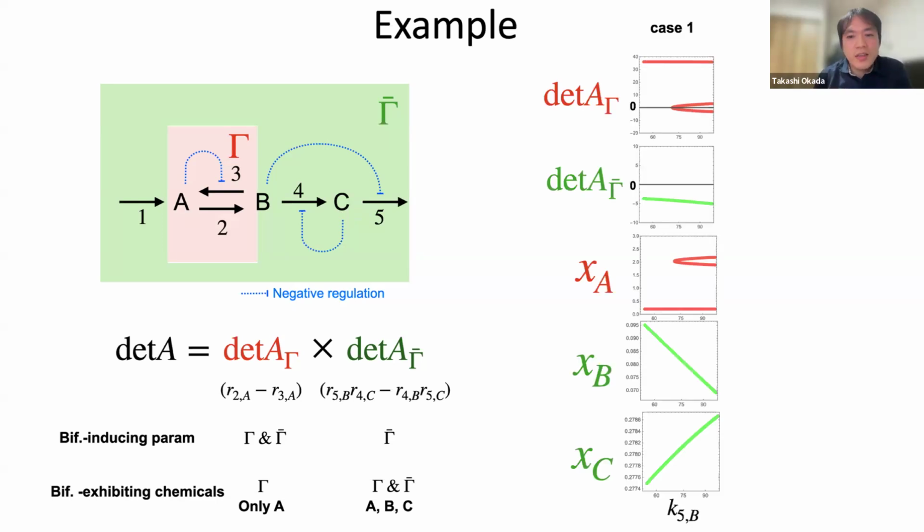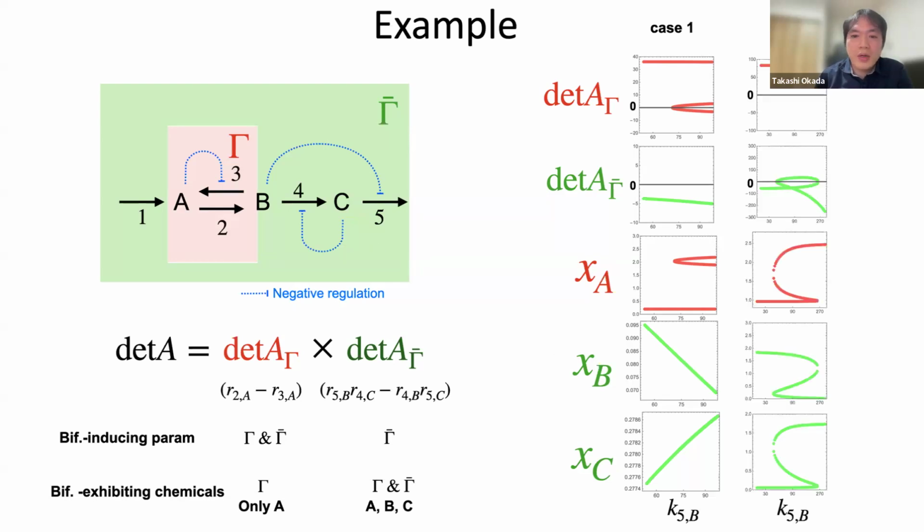And to demonstrate this prediction, here I assumed specific kinetics and numerically computed steady state concentrations as a function of a parameter in 2 cases. In the first case, when I change this parameter, the determinant of the buffering structure becomes 0 at a certain point.